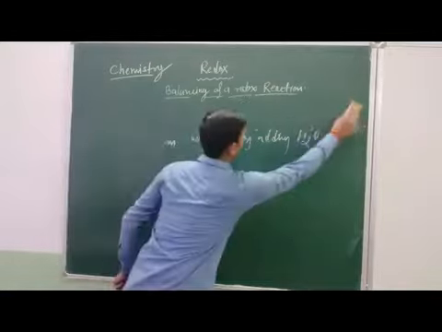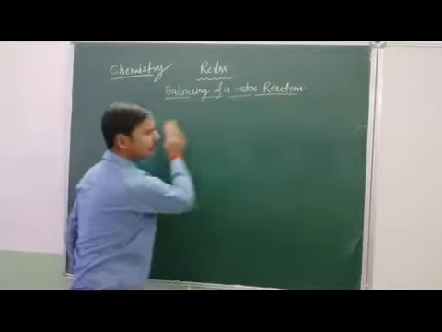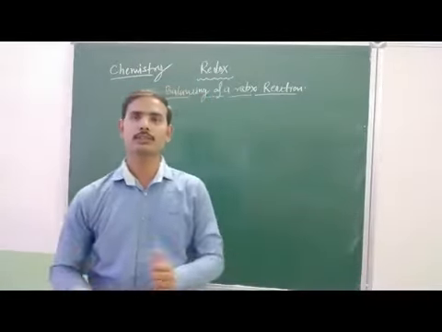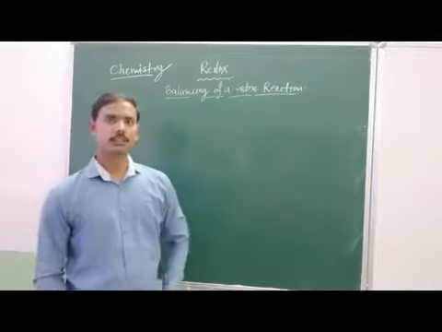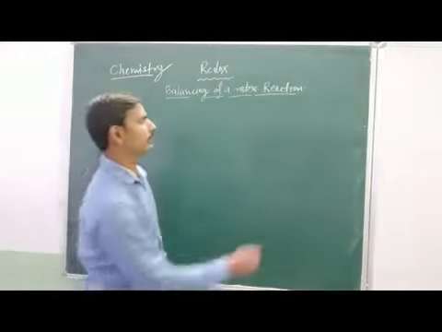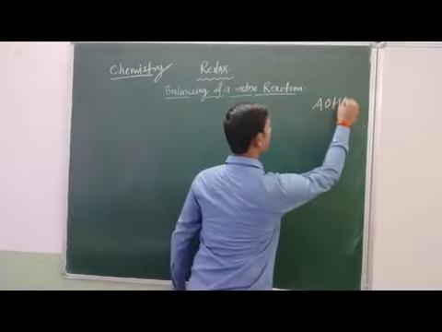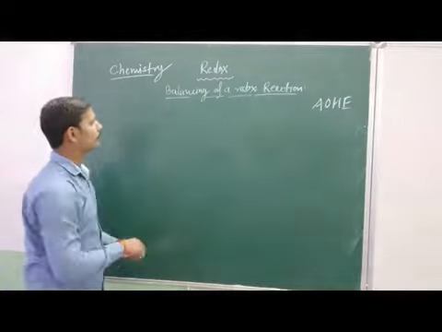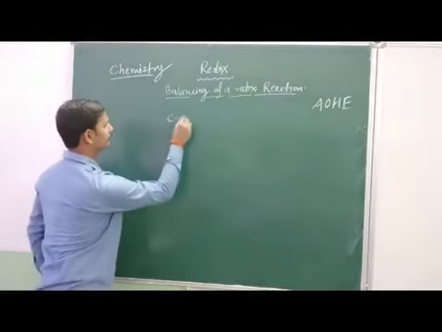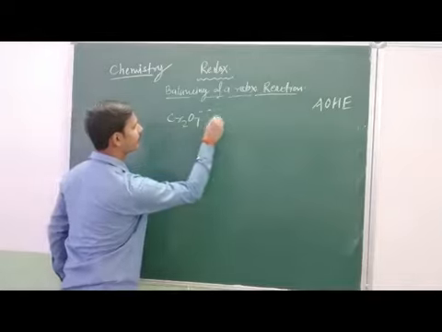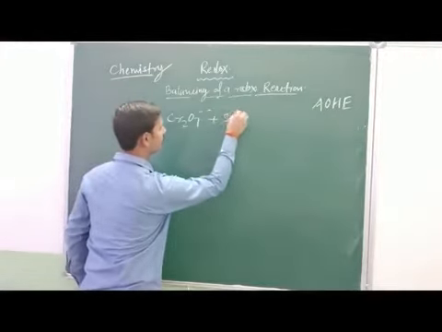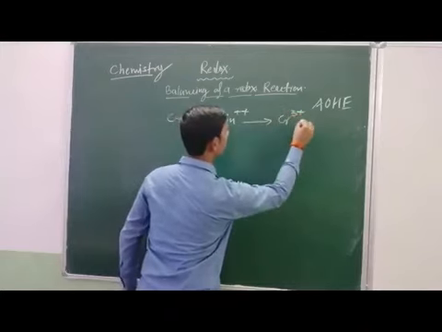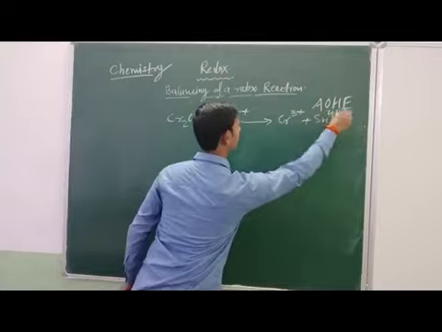Now, as I told you, there is an oxidation as well as a reduction reaction. Both are happening simultaneously. That means no doubt there are two half reactions. Now we discuss how we can balance. I take one example here: Cr2O7 2- plus Sn2+ gives Cr3+ plus Sn4+.